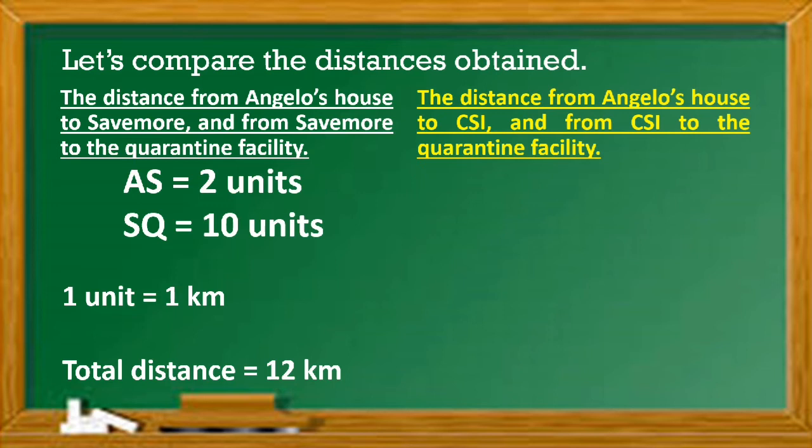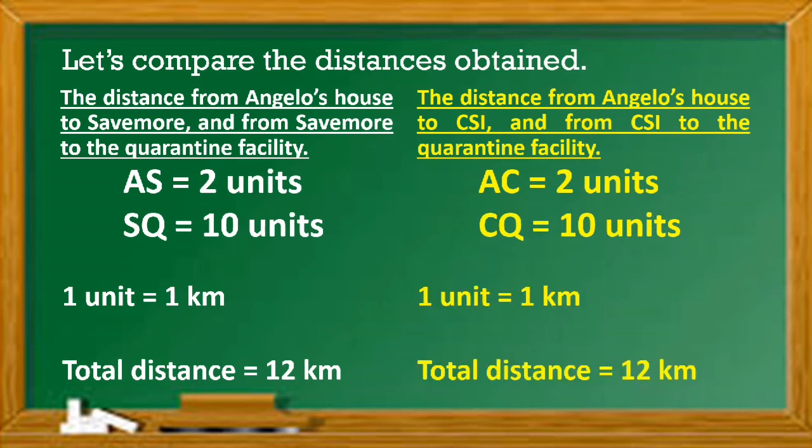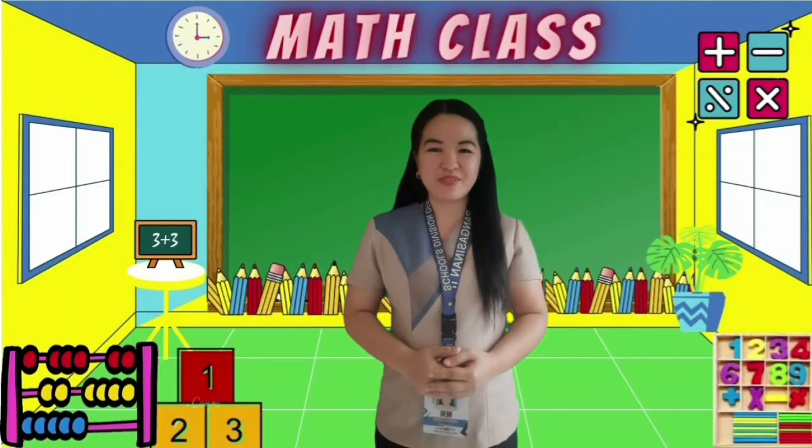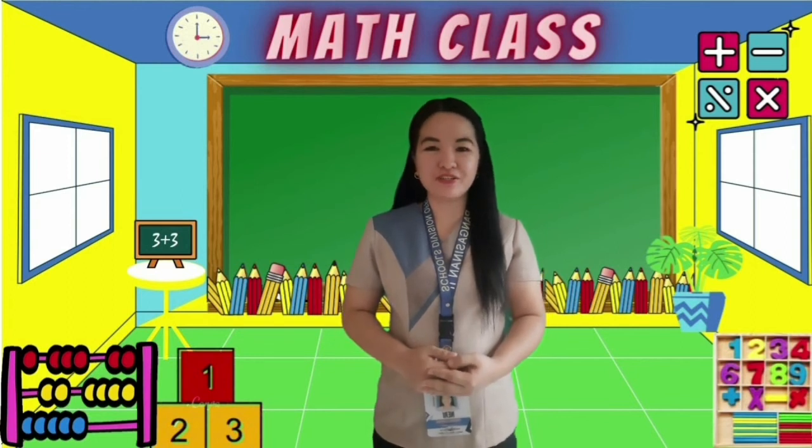Now, the distance from Angela's house to CSI and from CSI to the quarantine facility is AC equals 2 units, CQ equals 10 units, for a total of 12 units, which is also equal to 12 kilometers. So the distances obtained are the same. So it's up for Angela to decide which supermarket is more convenient and more accessible to go to.